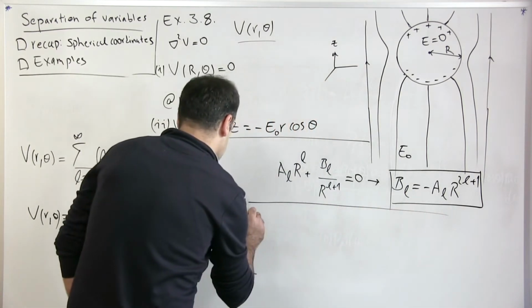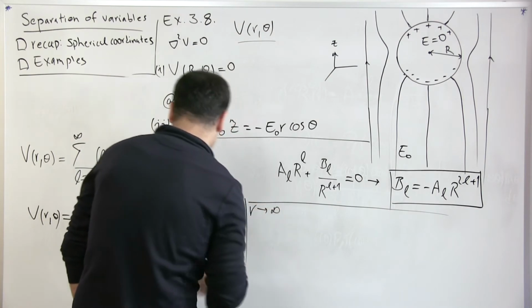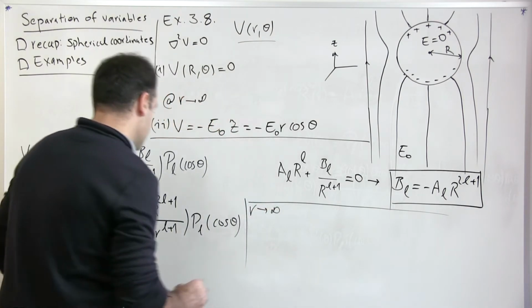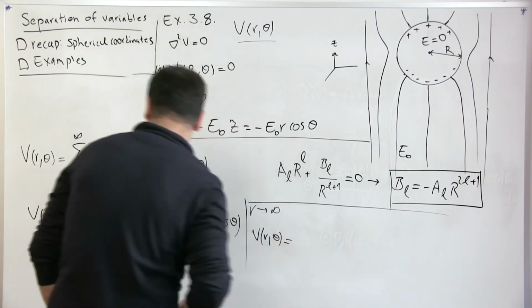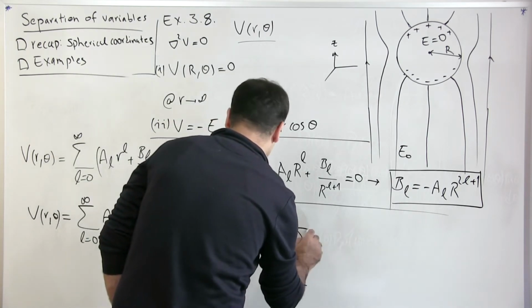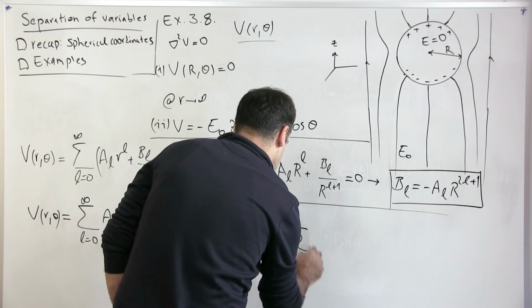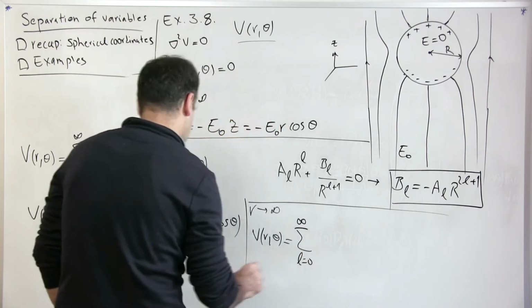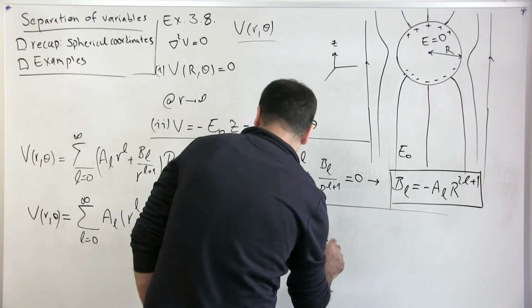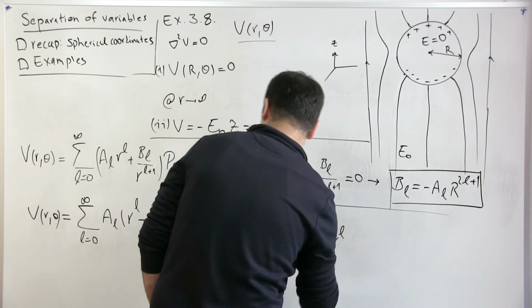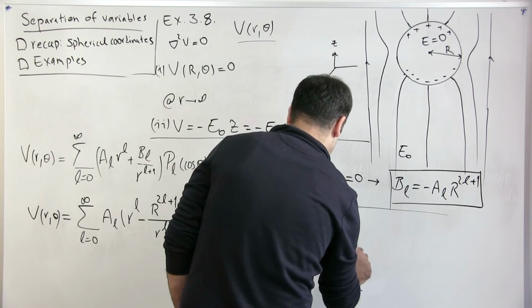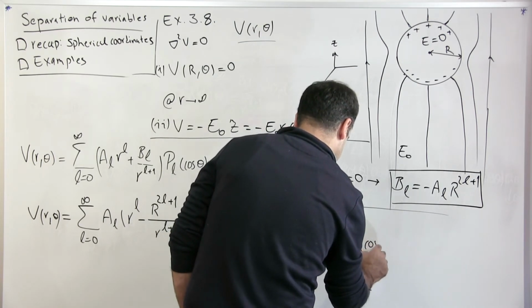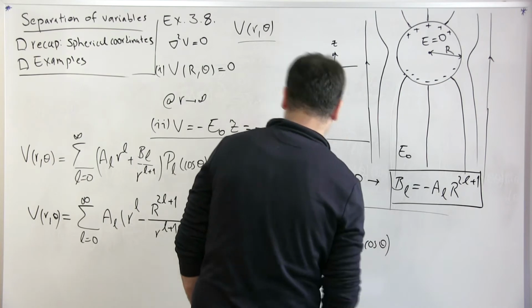Okay, so I'm separating this. I want to say that when R goes to infinity, what we have is V of R and theta equal to the summation here, AL R to the power of L times PL of cosine theta.